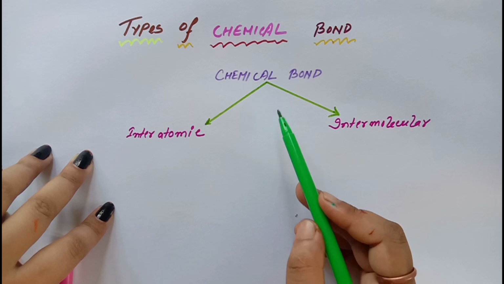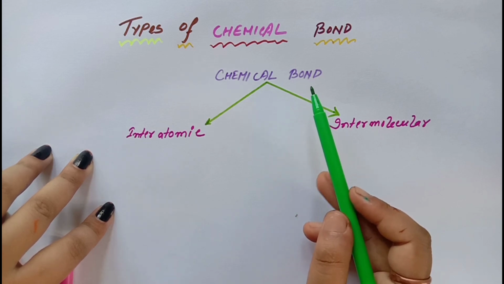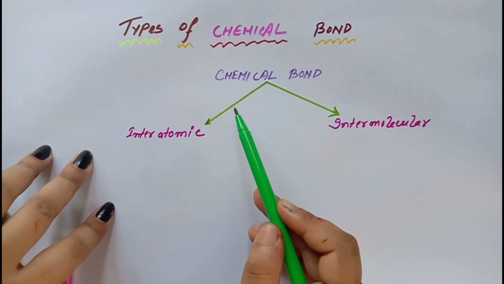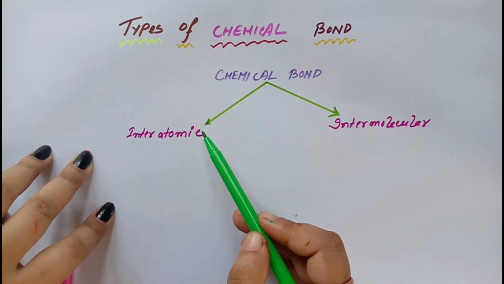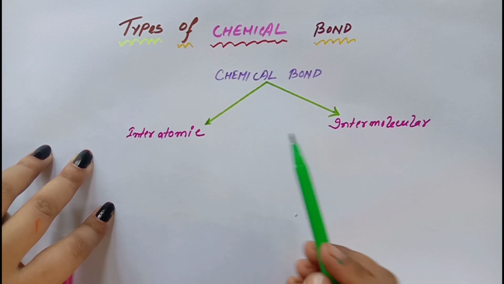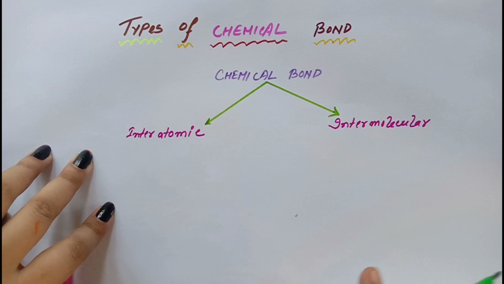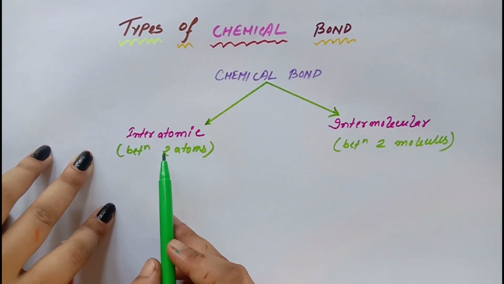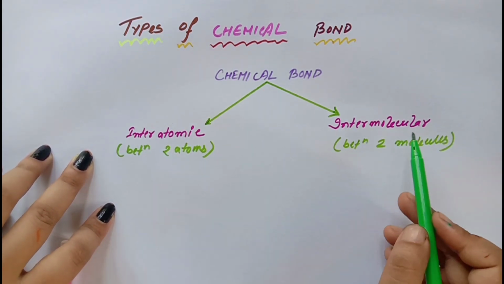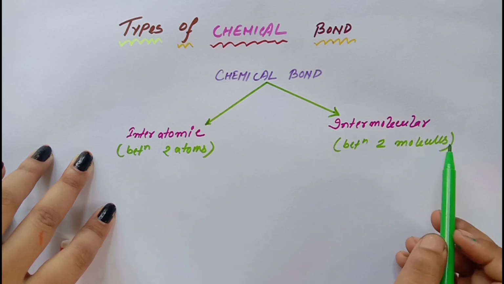If we see the types of chemical bond, chemical bonds are basically classified into 2 types. First one is interatomic and the other is intermolecular. Interatomic means between 2 atoms and intermolecular means between 2 molecules.